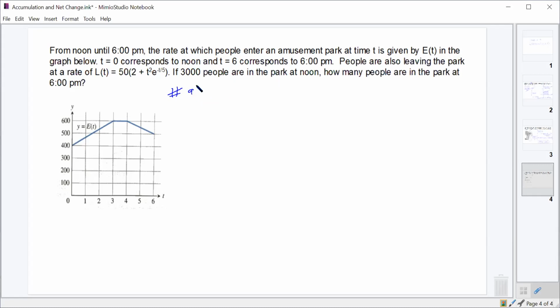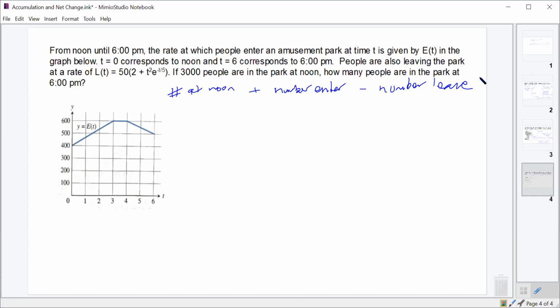From the number at noon, we should add the number that enter and subtract the number that leave, right? That's kind of the basic idea of this, to figure out how many people are there at 6, figure out how many there are when we start, how many people come in, and how many people leave. Yes. Yeah, hopefully that seems reasonable.